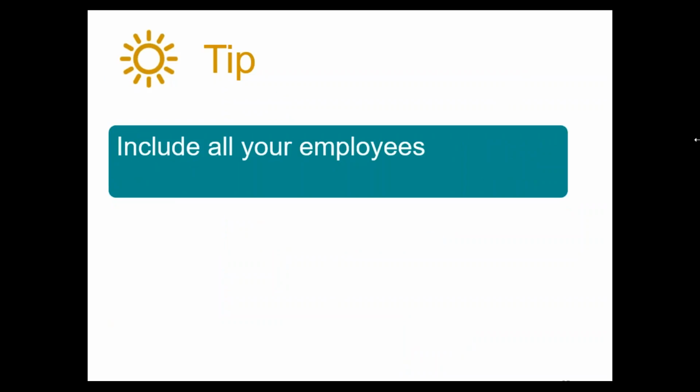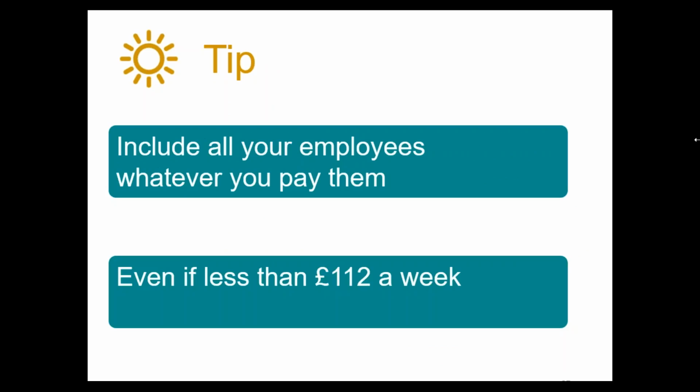When you add your employees, you need to include everyone you pay, no matter how much you pay them. For example, if you pay an employee less than £112 a week, in this particular tax year, they won't have to pay any national insurance, and they might not have to pay tax, but you should still record their details and pay.